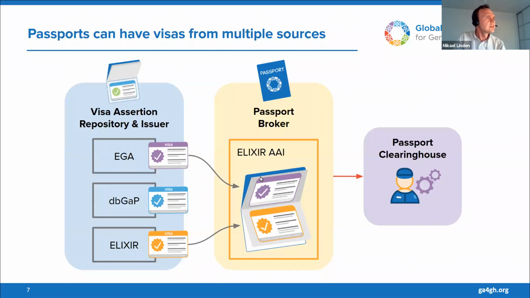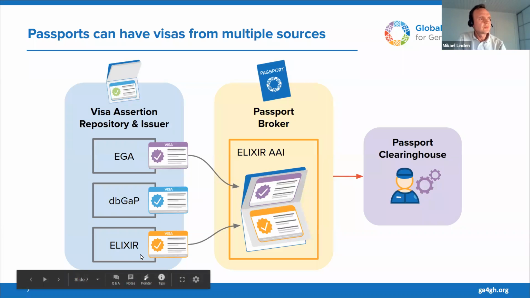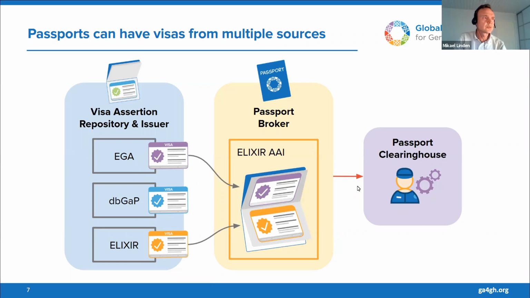And in this diagram, we can imagine that the passport broker pulls some visas from EGA, the European Genome Phenome Archive, for controlled access datasets to describe a user's or researcher's data access permissions to controlled access datasets at EGA. But it can also pull some visas from other sources like the internal sources of ELIXIR, and then present those visas to the passport clearinghouse for access control enforcement.